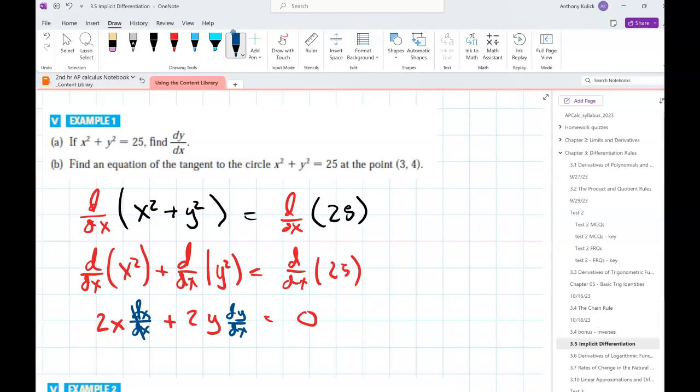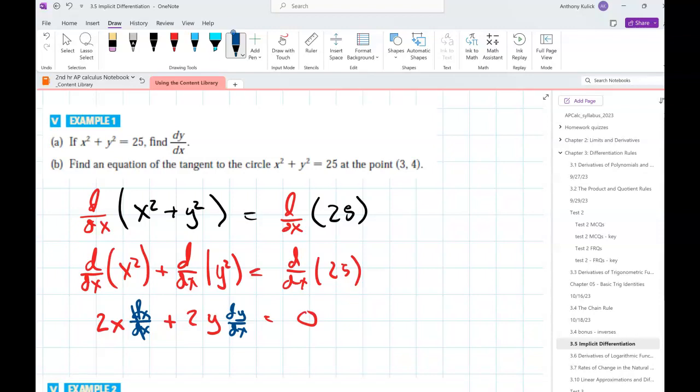So whenever I differentiate with respect to another variable, if I'm differentiating y's with respect to x's, I get a dy dx. If I'm differentiating t with respect to y, I get a dt dy, right?